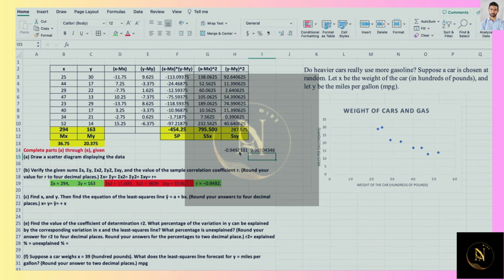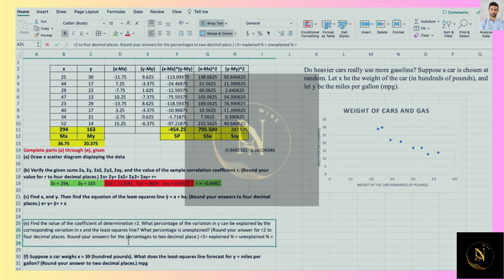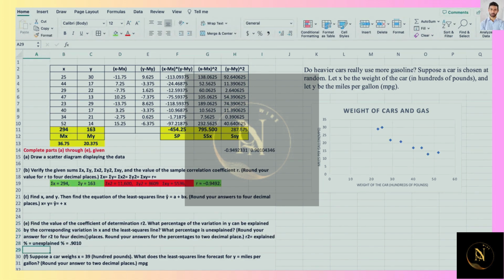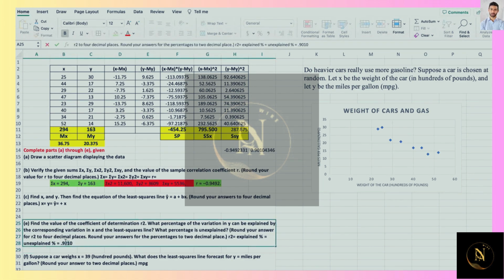That's it. So to 4 decimal places it equals 0.9010, and I'll put it in red.